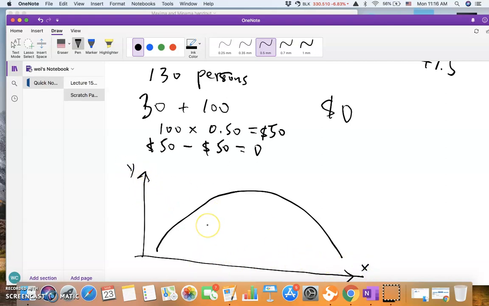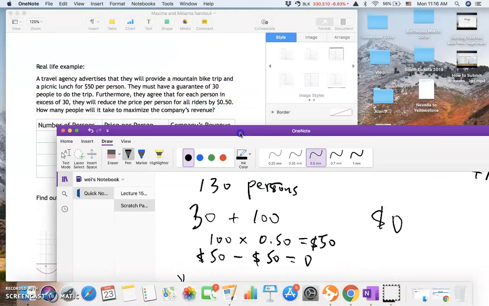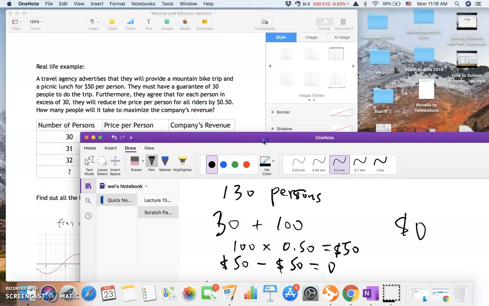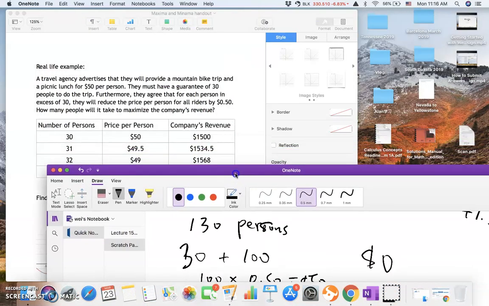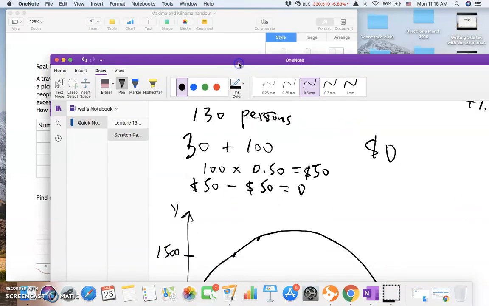So for example, when x equals 30, the company's revenue is 1,500. And when x equals 31, the company's revenue is 1,534.